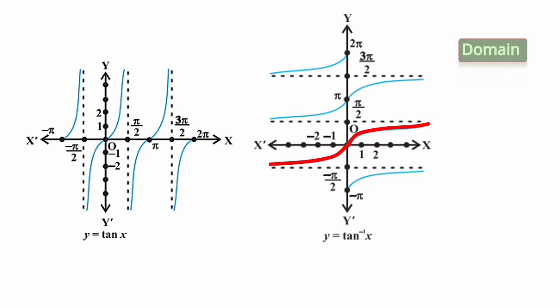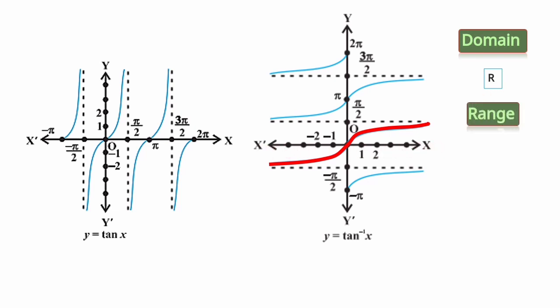Here the domain is R. When you check the x values, all real numbers are there. Domain is R, and the range is from -pi by 2 to +pi by 2, but not inclusive.